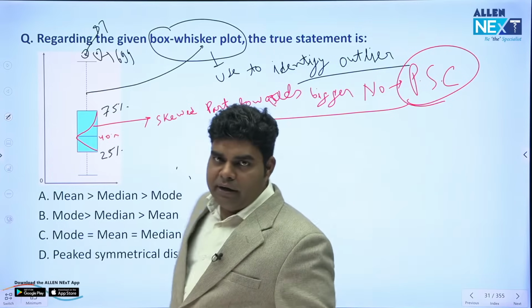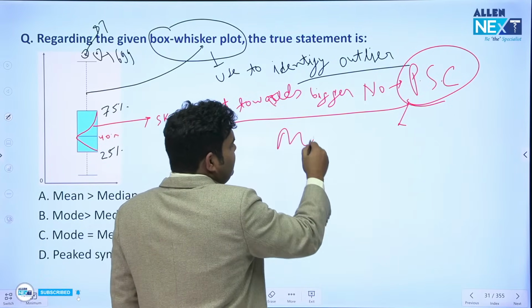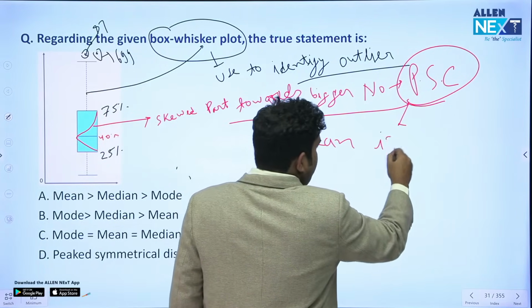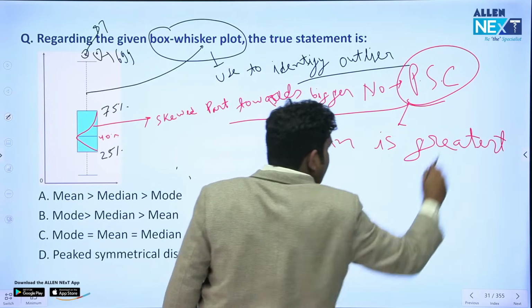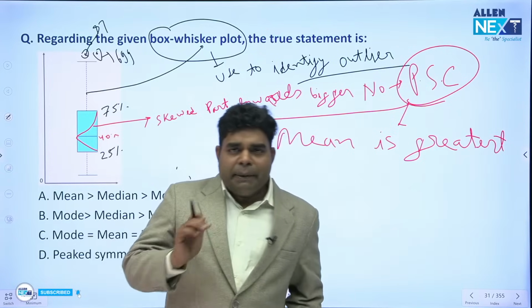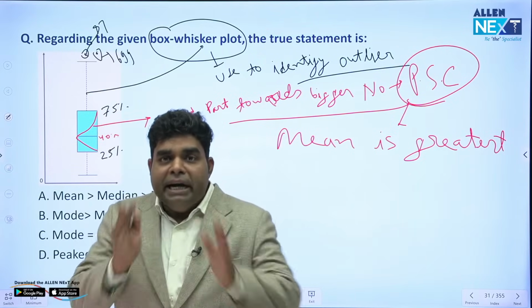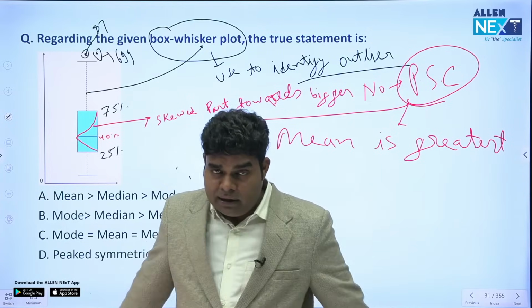And remember one line here: in a positive skewed curve, mean is greatest. क्या बड़ा होता है? Mean is greatest. Median बीच का है. Median always remains in the center.